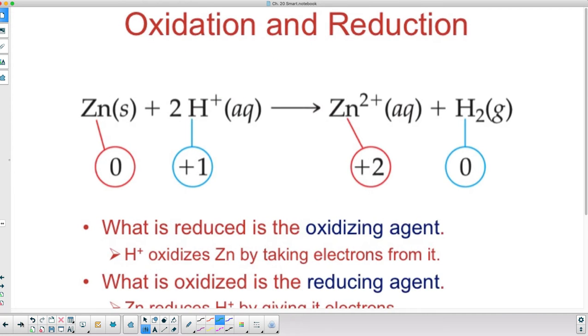Moving on. What's reduced is the oxidizing agent, and what is oxidized is the reducing agent. It's like they switch it. So zinc, because it gets oxidized, is the reducing agent. I know that that's silly, but that's what they say. So hydrogen here, of course, because it gets reduced, is the oxidizing agent. So RA and OA, so I don't have to write the words out the whole time.